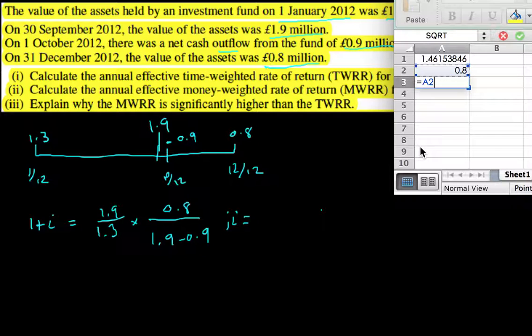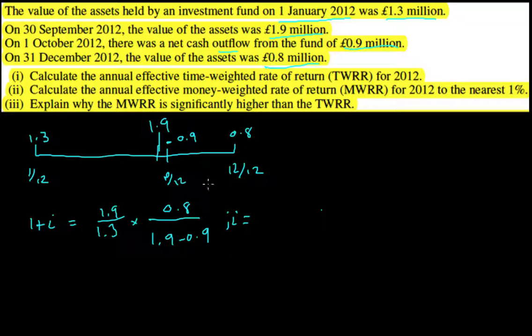Then we multiply them together and we get 1.1692, which is 16.923%. So let's note that down: 16.923% per annum, but it's over 1 year anyway. Alright, so that's part i.